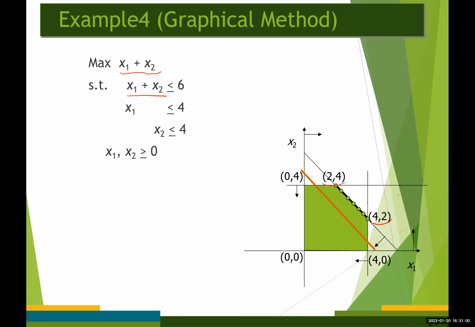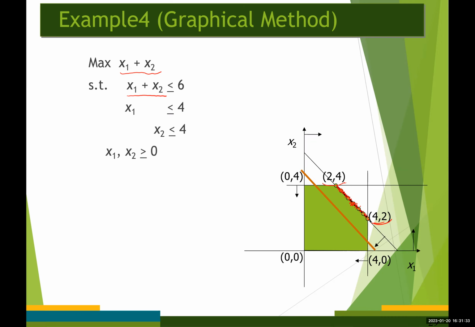4,2, okay? Because the points on this line segment are the only ones that simultaneously satisfy all of the constraints, okay? So all of these points must be optimal points, okay, on this line segment between these 2 points, okay? So, which means we have multiple optimal solutions.